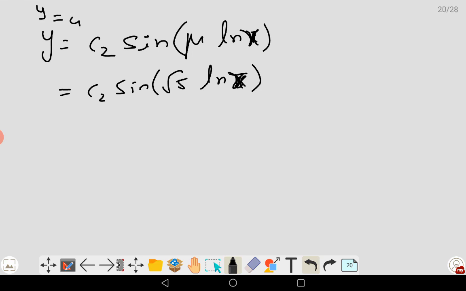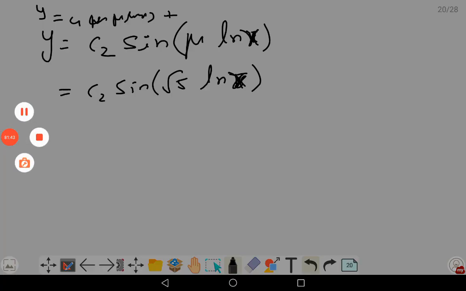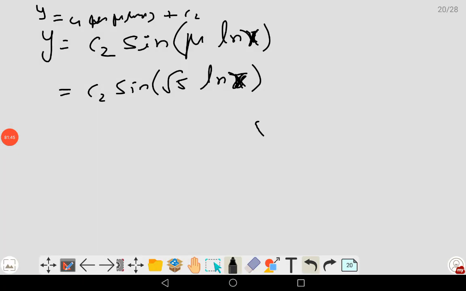Because we have to take from the solution, y is equal to C1 cosine mu ln x plus C2 sin mu ln x, that is the y.